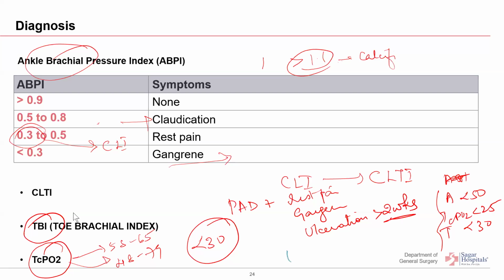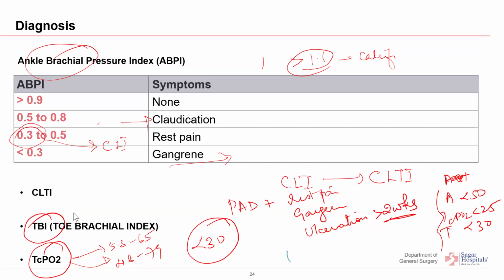So these are called non-compressible vessels. In spite of a non-compressible ABI, you can still get a TBI because these calcifications cannot happen in those digital vessels.